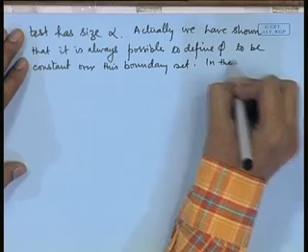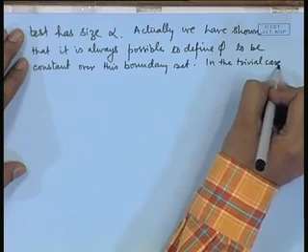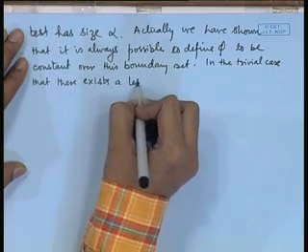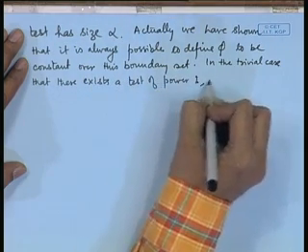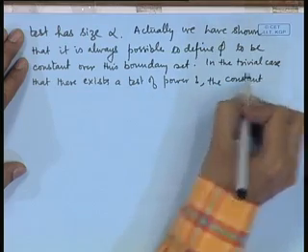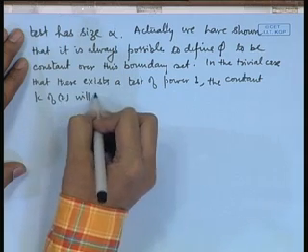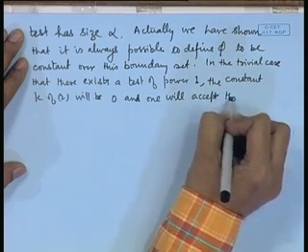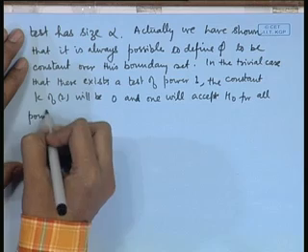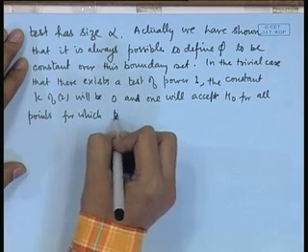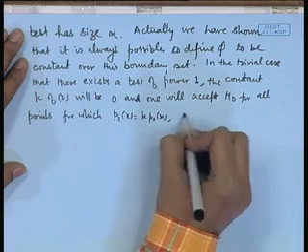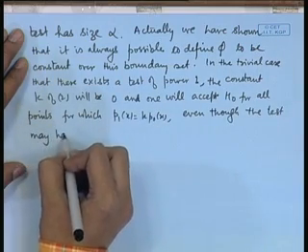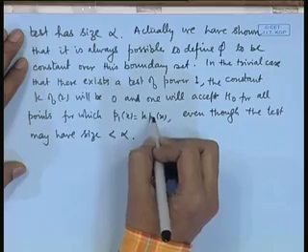In the trivial case that there exists a test of power 1, the constant k will be 0 and one will accept H naught for all points for which P1 x is equal to k P naught x, even though the test may have size less than alpha.